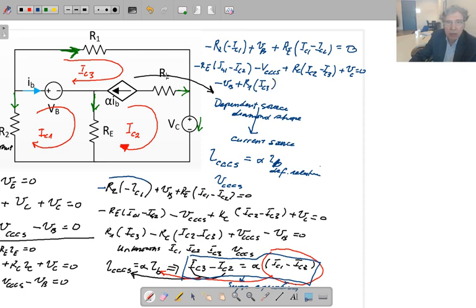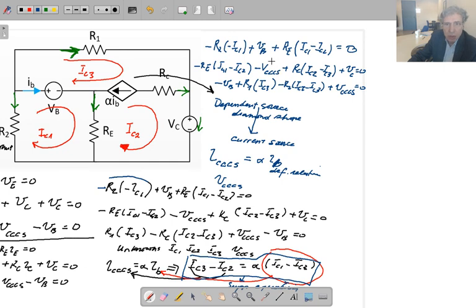So RC, what I wrote here, it's going to be the minus sign here, isn't it? For this mesh, it is going to be plus. For the other one, it's minus. So I'm going to write minus R2 times IC2 minus IC3. And plus VCCCS equal to 0. So I wrote this third mesh Kirchhoff voltage law equation here.